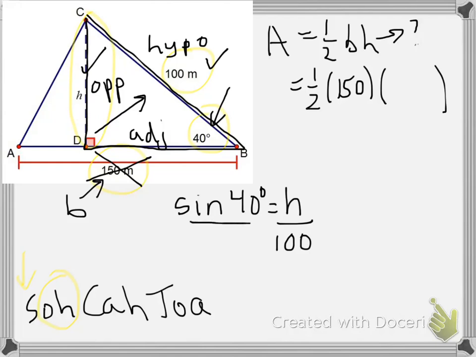If we put this over 1 and cross multiply, you get 1 times h is h, and you get 100 times sine 40. So you get 100 times the sine of 40 degrees. So in a sense, I do have h. Now you could type this in your calculator and get the answer, but it's not really that important yet.